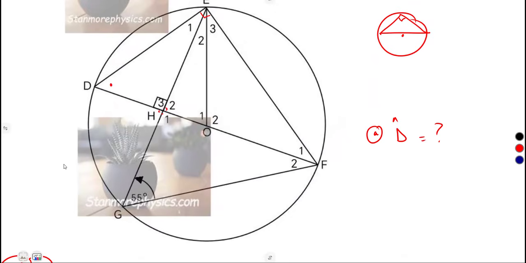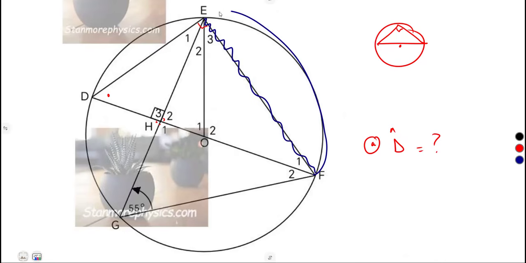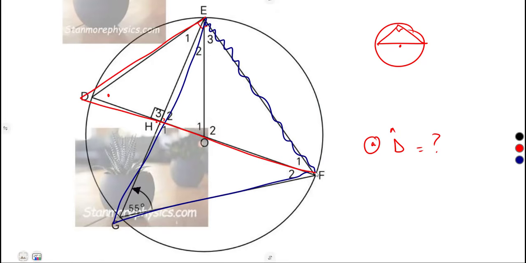In this case, angle D is the same as angle G. The arc EF subtends an angle at G and also an angle at D. So angle D is simply the same as angle G.